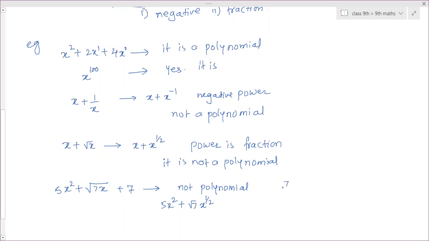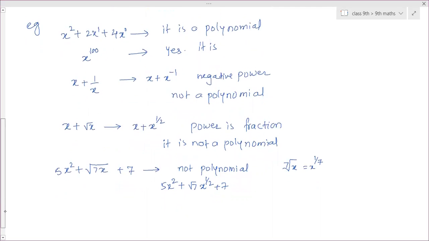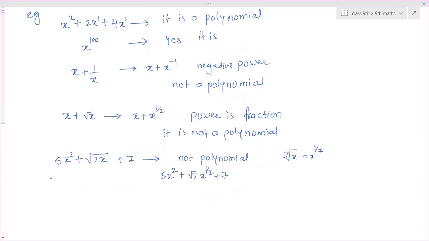If it is written as the 7th root of x, then it is x to the power 1 by 7. Inside the square root, that's fine. Then plus 7. So it is not a polynomial because the exponent is a fraction. Okay, clear now what are polynomials and what are not polynomials?